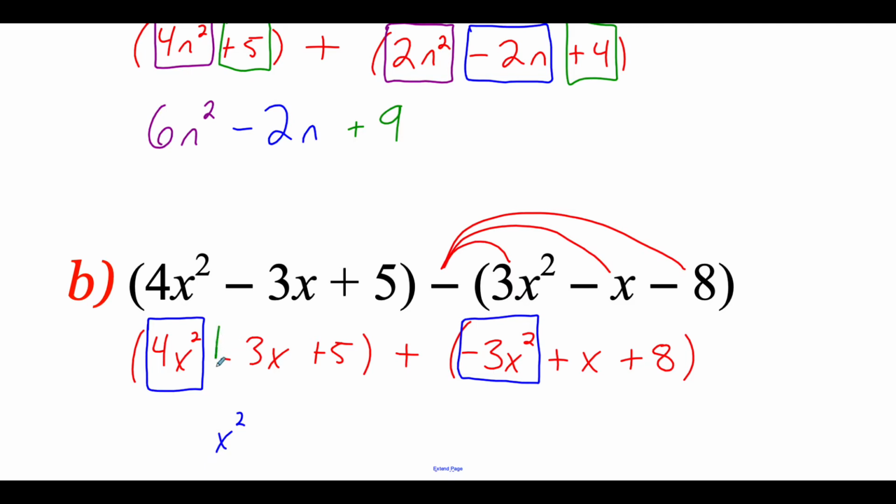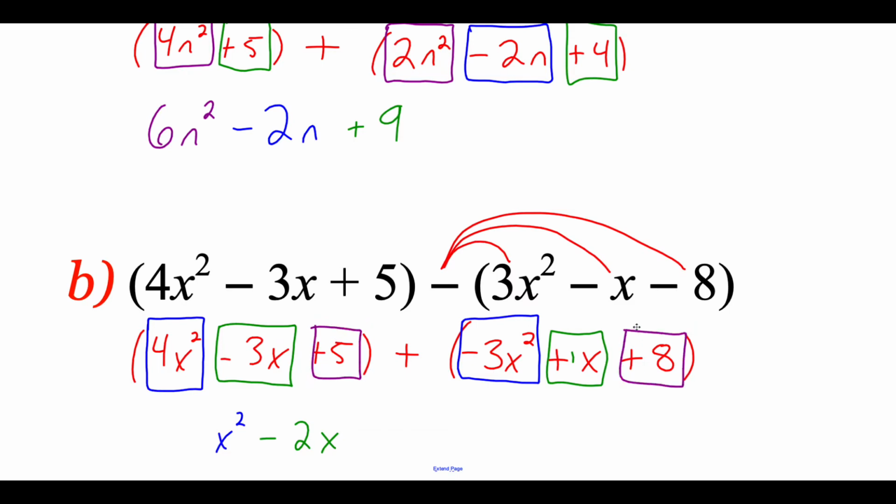Then if I look, here I've got a minus 3x and a plus 1x. So negative 3 plus 1 is negative 2x. And then lastly, we've got a plus 5 and a plus 8. If we add those together, we get plus 13. So we get x squared minus 2x plus 13 as our final answer on this one.